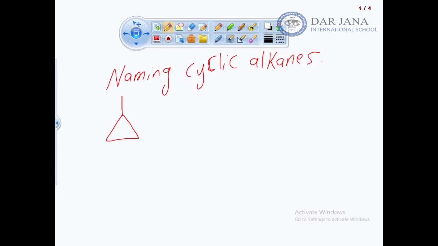Try to name it. Here, the cycloalkane is cyclopropane because it contains 3 carbon atoms. There is a methyl group on this cycloalkane, so without putting any number, because it's only one substituent, one alkyl group, the name of this compound is methylcyclopropane.